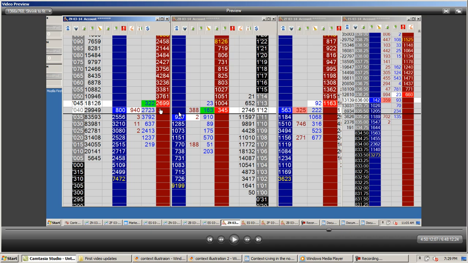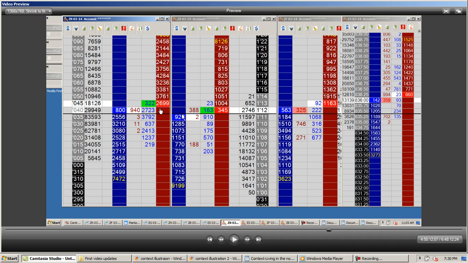If they're moving in unison, it's more likely that bigger traders will come on board and continue that move. But when you only have one market near the high and the other ones are still in the middle of their daily range, it's going to be harder to create a follow-through.